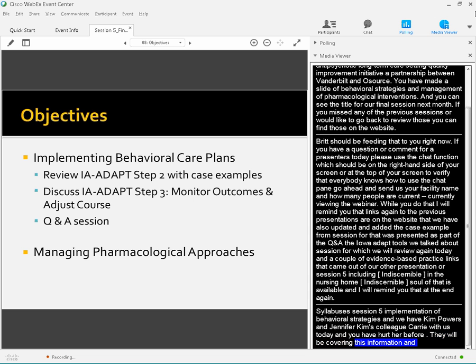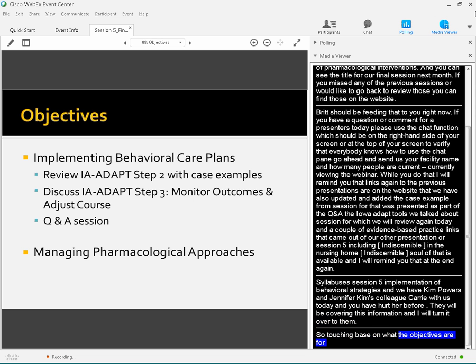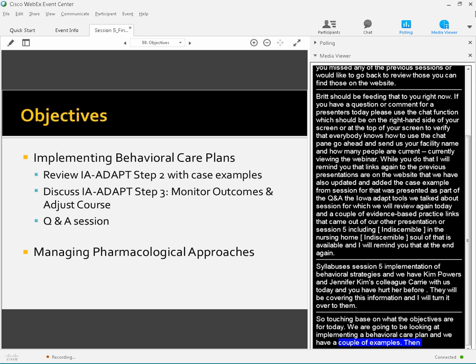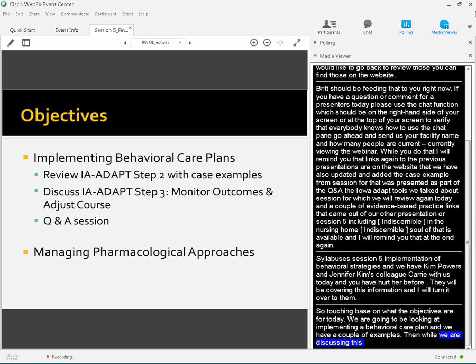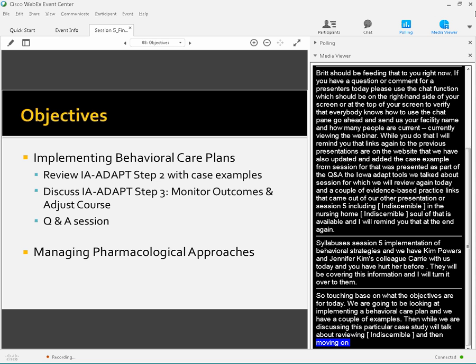Thanks. So just touching base on what the objectives are for today, we are going to be looking at implementing a behavioral care plan, and we've got a couple of examples on how to do that. And then while we're discussing this particular case study, talk about reviewing the Iowa ADAPT Step 2, and then moving on to discussing Step 3, where we actually monitor outcomes and based on those outcomes, how we might adjust course if we see or don't see success with our initial intervention.